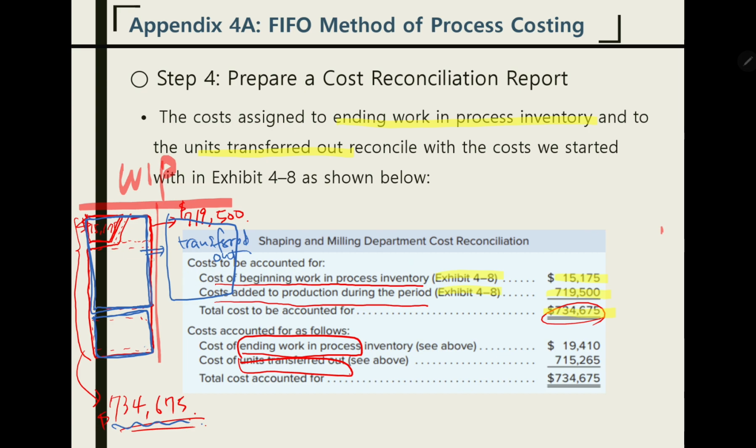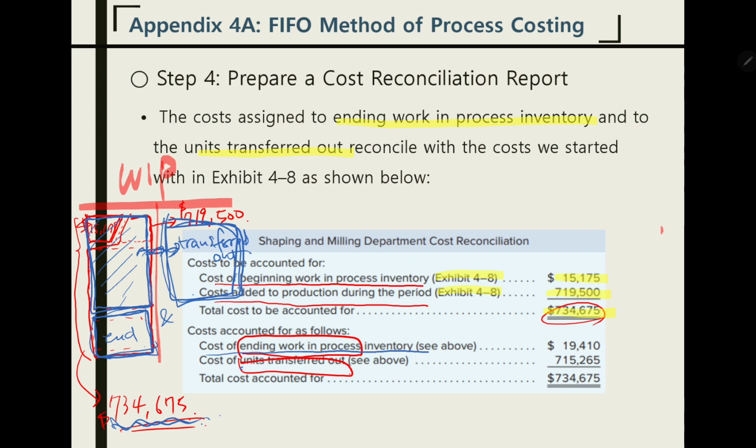Because these are completed and transferred out, some of these, transferred out and ending inventory, some of these and these should equal this number. Then let's check whether they are really equal.